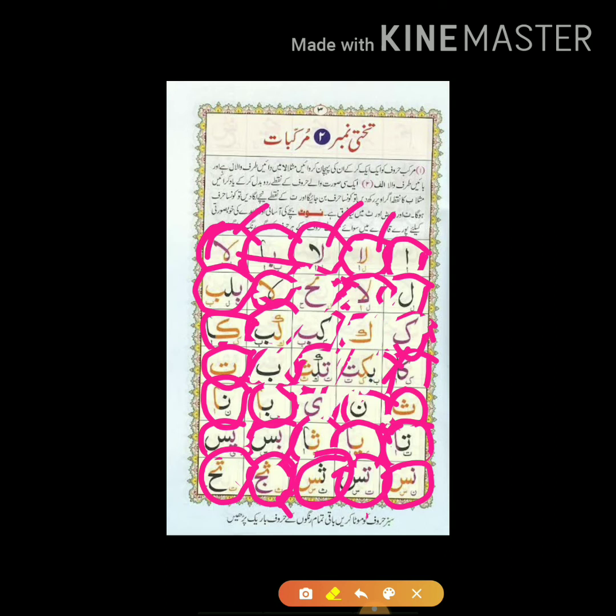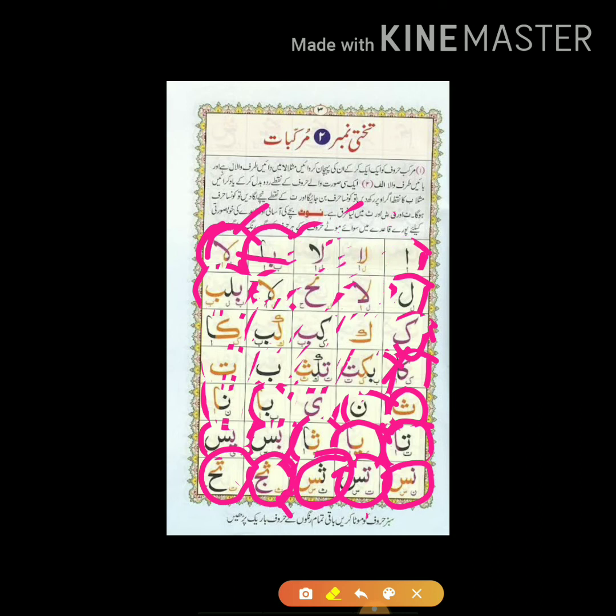Now I think you should practice these joined letters again and again, so that we can move forward to our lecture number 3. But before moving to lecture number 3, you should repeat this lecture again and again and revise these letters in your mind so that your basics become stronger.